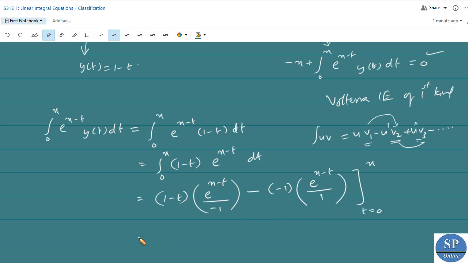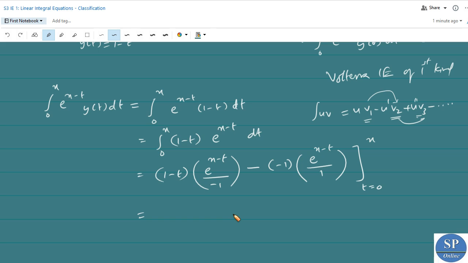So this is equal to applying the limits. We get 1 minus x into e power x minus x, and x minus x is 0, divided by minus 1. Now when we apply 0, we get minus 1 minus 0 into e power x divided by minus 1. Here negative into negative is positive, and e power x minus x is e power 0.